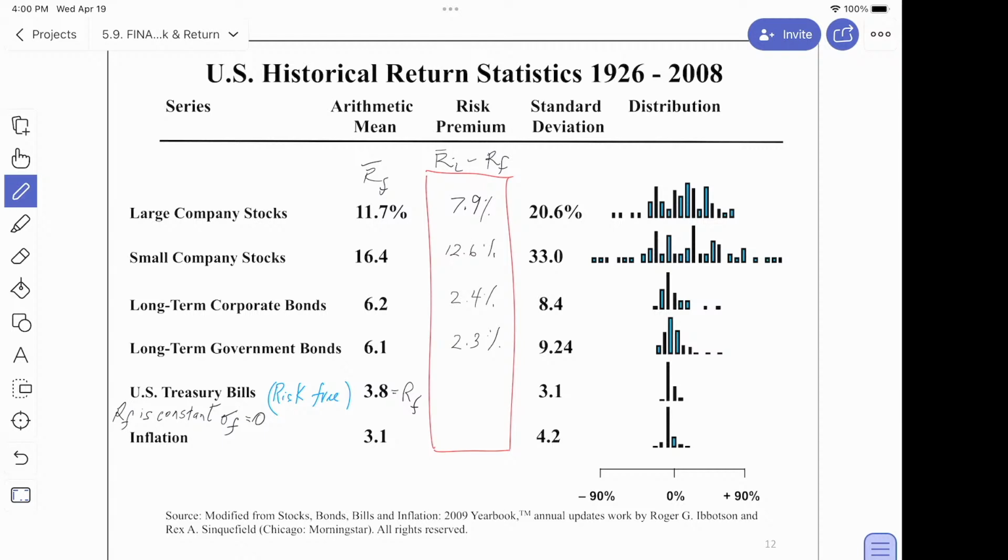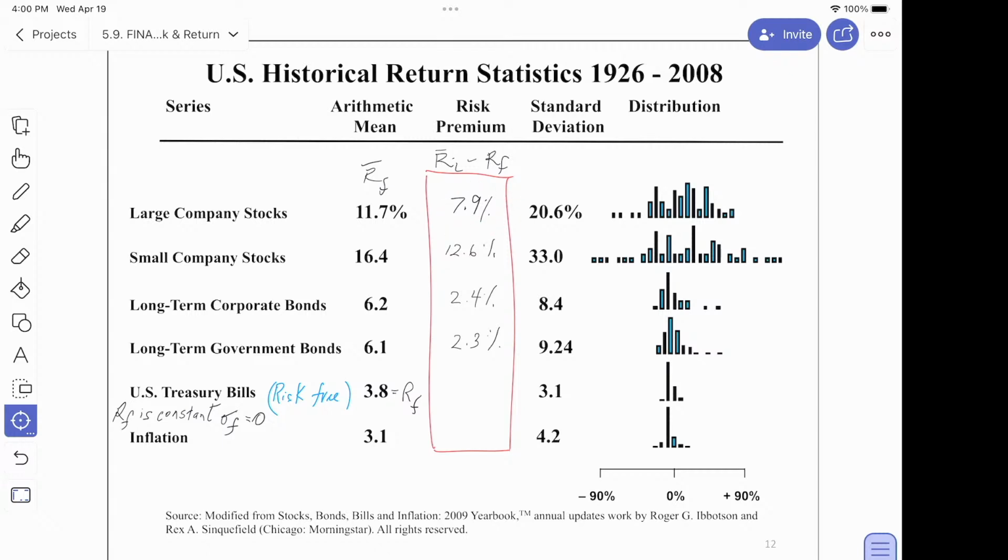Okay, so those are the risk premiums. As you look, the highest risk premium, the greatest incentive in terms of meeting the required or expected return, would be for investors investing in small company stocks with a risk premium of 12.6.